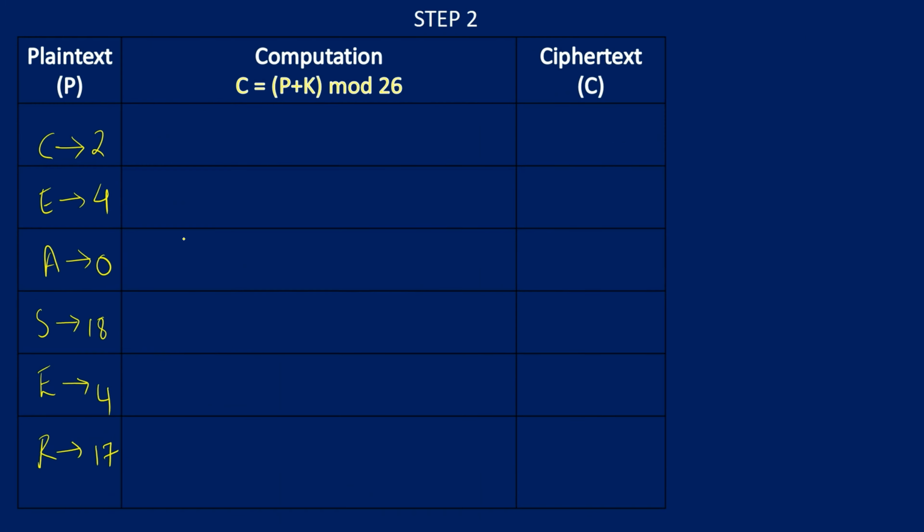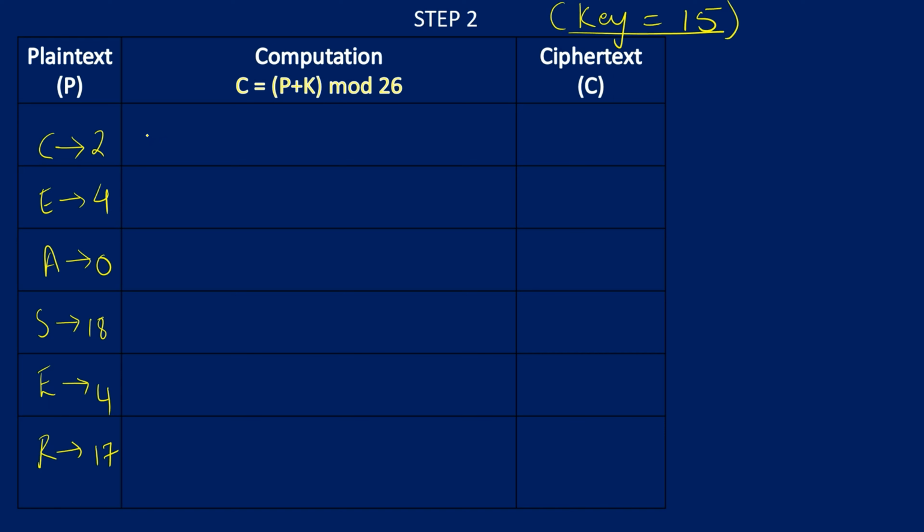So after having mapped each letter of the plain text to its corresponding number from the mapping table, we now go to the computation. The key that has been given to us in this question is 15. So we'll use 15 as K. In computation, we generate the ciphertext by addition of the plain text number and the key using mod 26 arithmetic. So let us see how we do that.